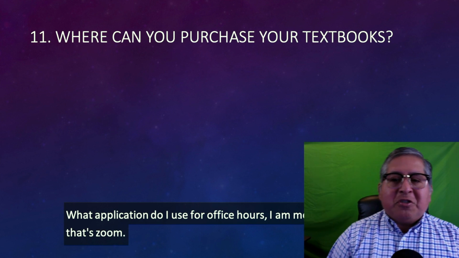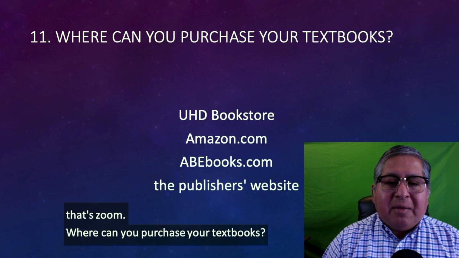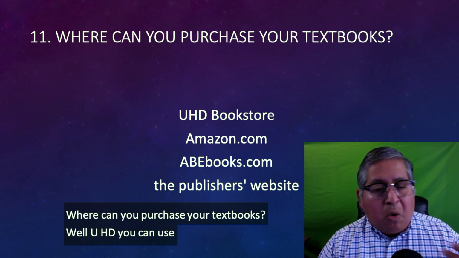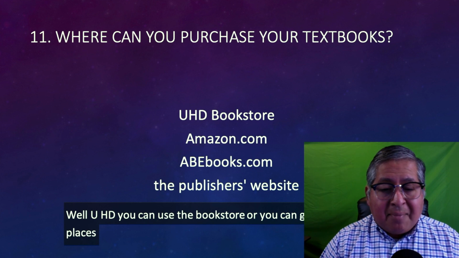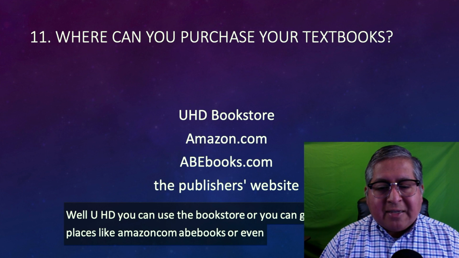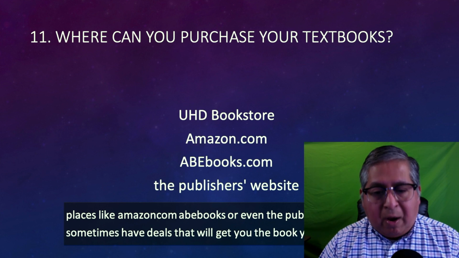Where can you purchase your textbooks? Well, at UHD, you can use the bookstore, or you can go online and places like Amazon.com, ABE Books, or even the publisher's websites sometimes have deals that'll get you the book you want at a lower price.